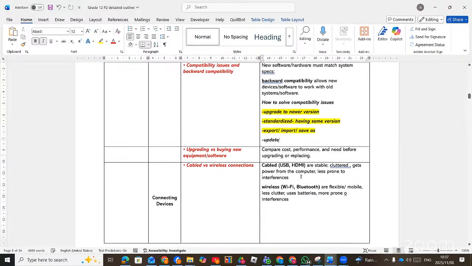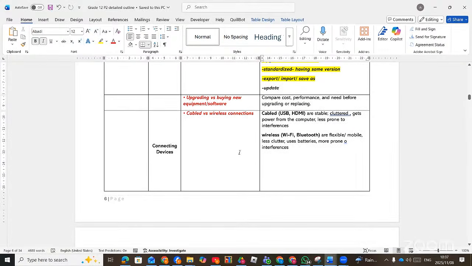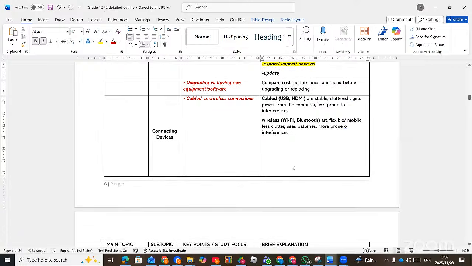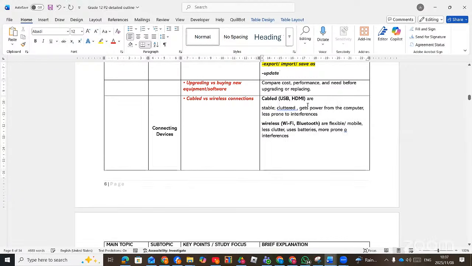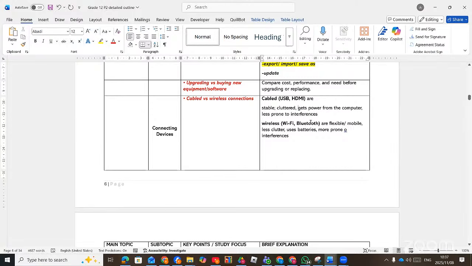Right. Now, the other one is cabled and wireless connection. In most cases, they can ask you to differentiate between cabled and wireless connections. Cabled, like USB or HDMI cables, they are stable, and then they are cluttered, meaning that they have wires around.